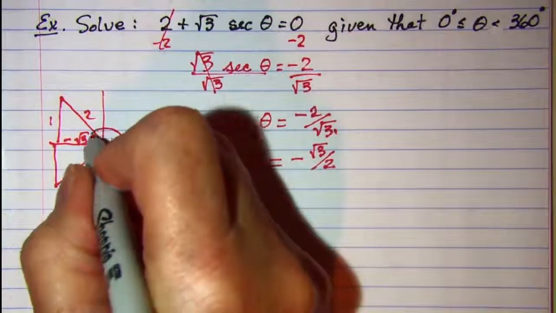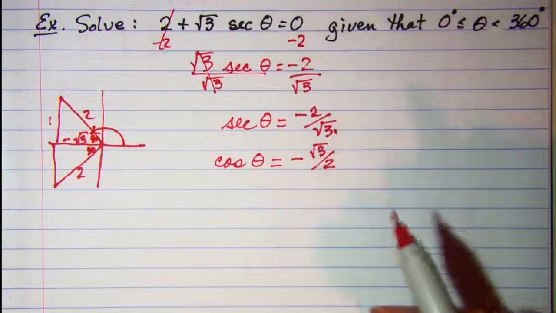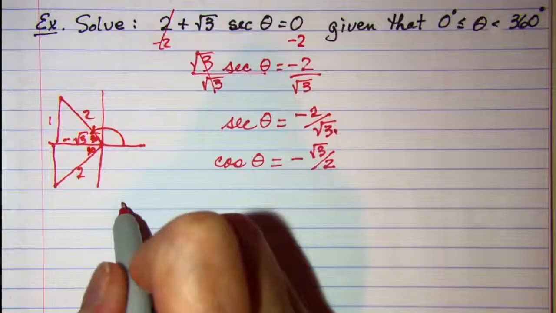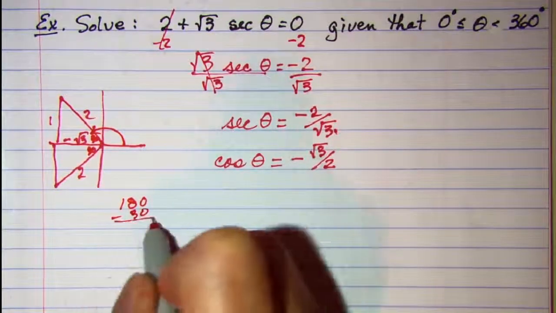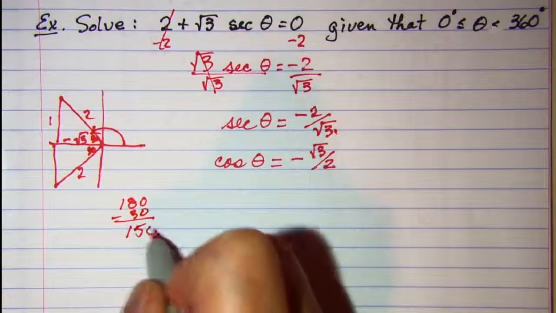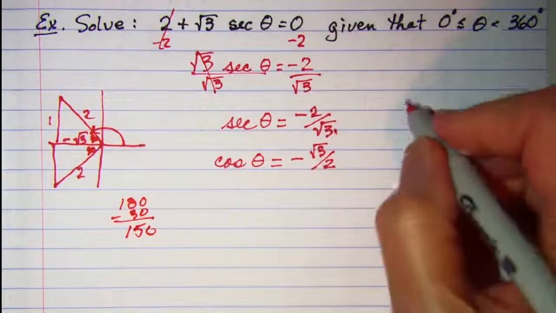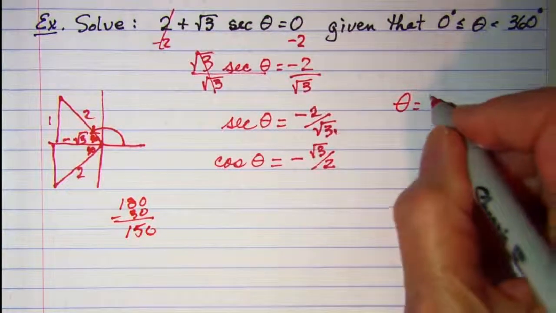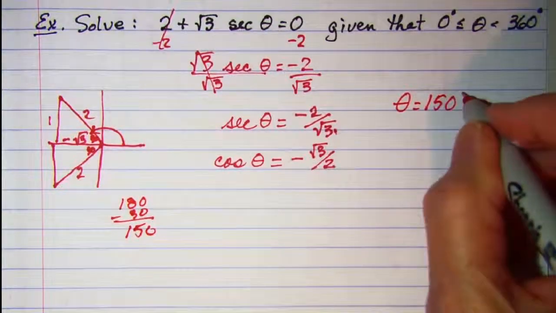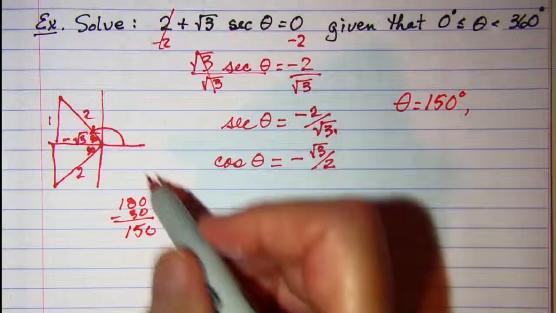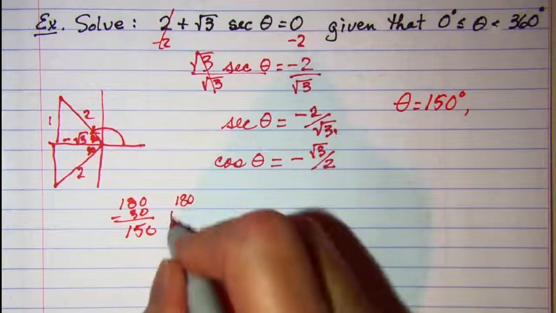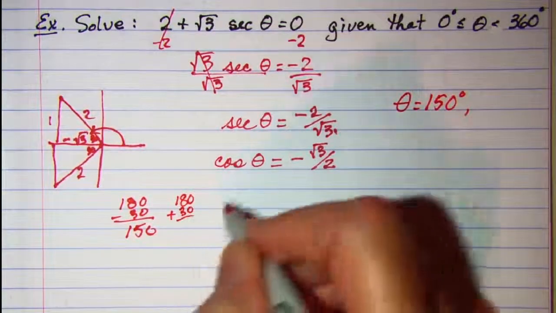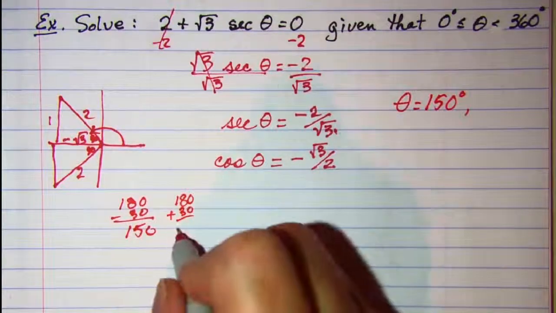So 180 minus 30 is 150 for this one. And 180 plus 30 is 210.